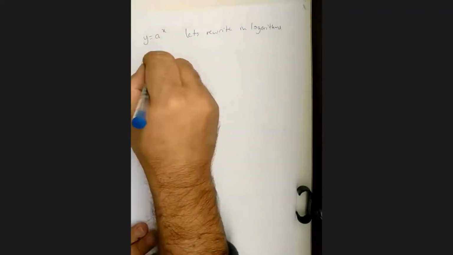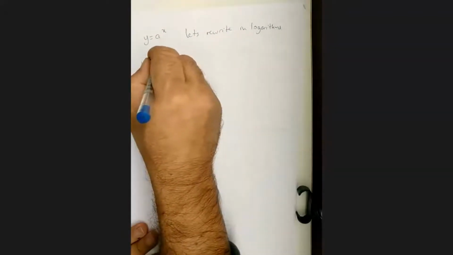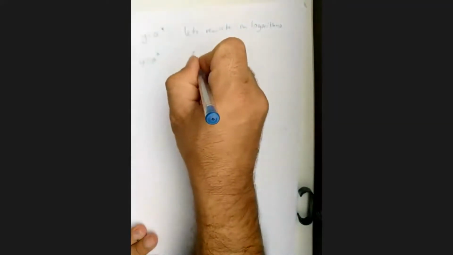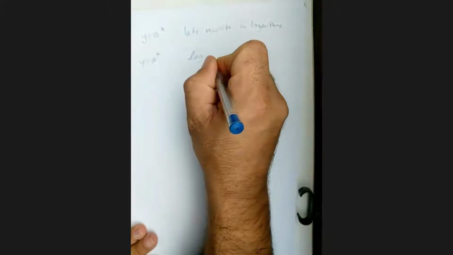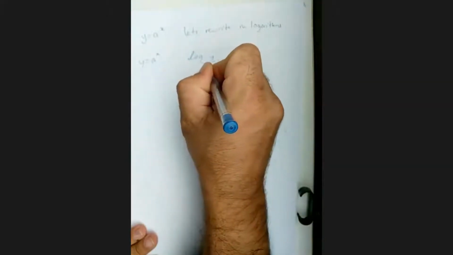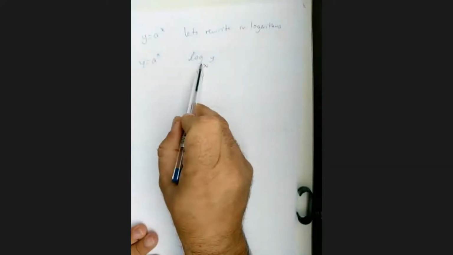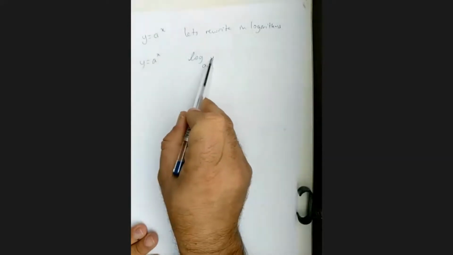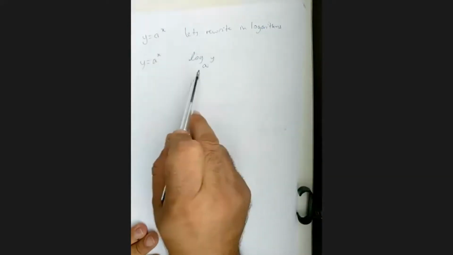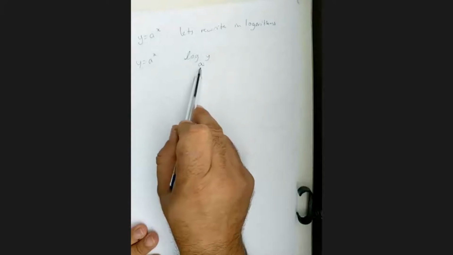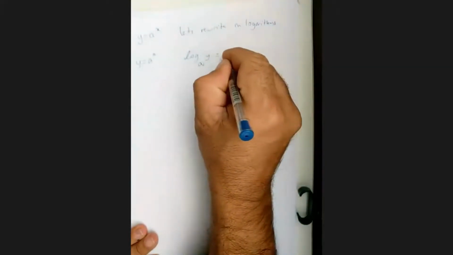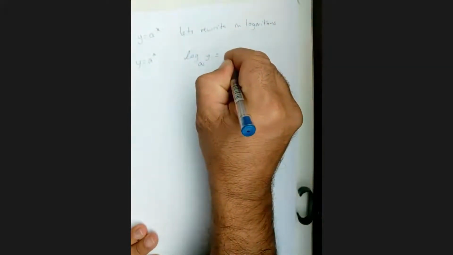This expression here, y is equal to a to the power of x, can be written as logarithm of y to base a. Be careful, this is base. The log and y are on the same line and base a is underneath there, is equal to x.